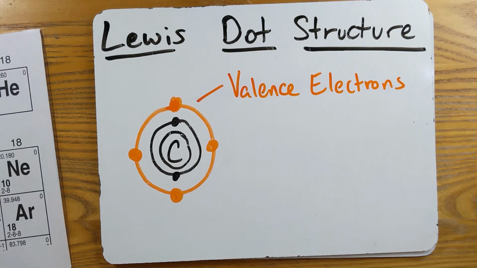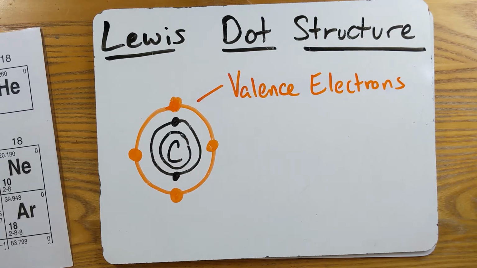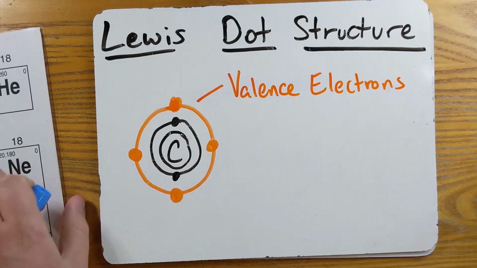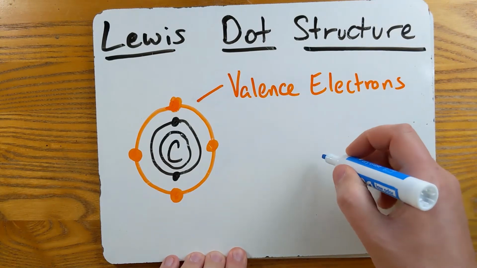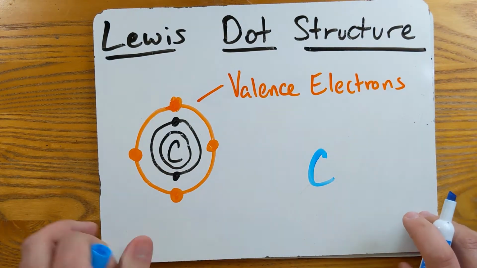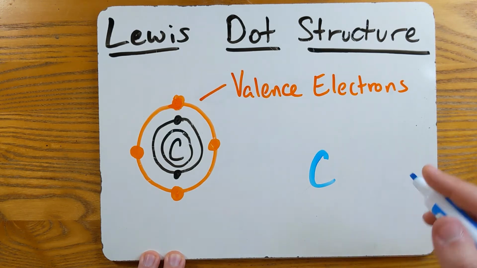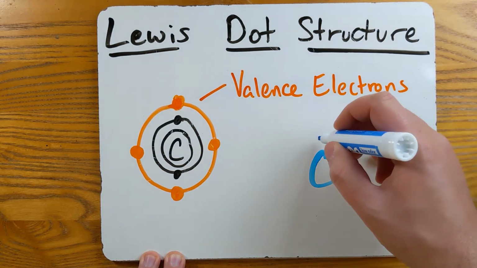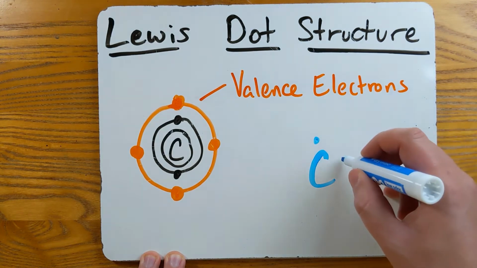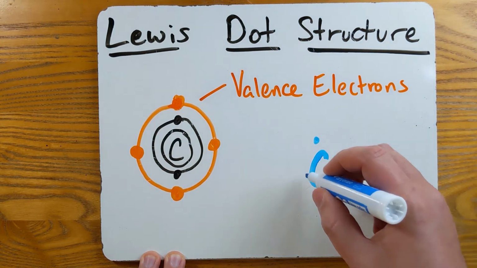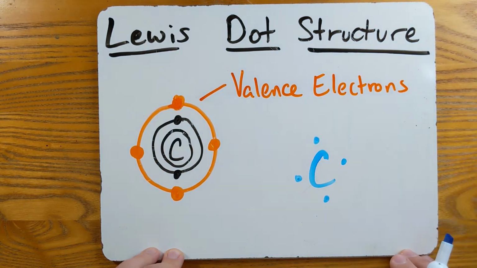So if I were to draw the Lewis structure of carbon, all I need to do is write the symbol for carbon, which is C, and the 4 valence electrons. So what I do is I like to space them out. So I'll start on top with 1, 2, 3, 4. And that's it. But let's try a few other examples.